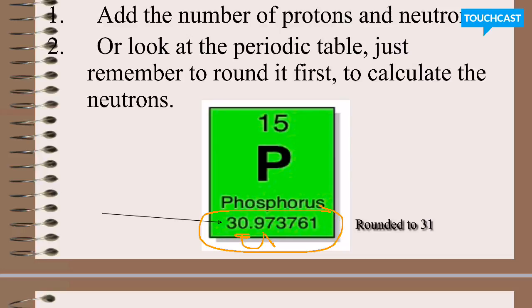I'm going to look to the digit to the right. It's a 9, okay? I like to think of the old elementary saying, 5 or more, add 1 more. 4 or less, let it rest. So this is a 9, 5 or more. Since it's 5 or more, this digit is going to go up 1. That's why it says rounded to 31. So 30.9 is closer to 31 than it is to 30.